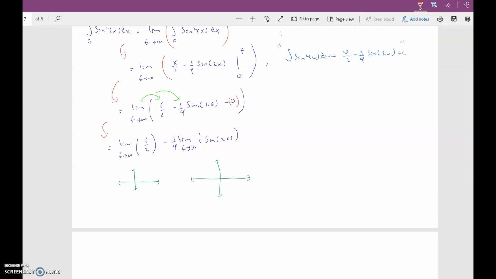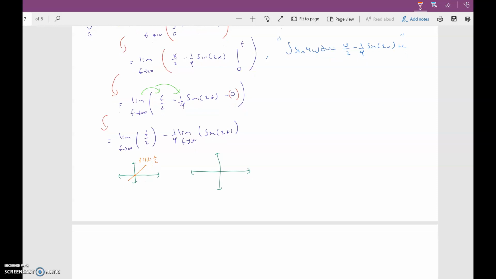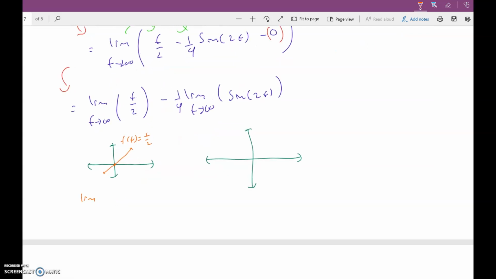For the first one, this is t over 2, just a line going in this direction. So f of t is equal to t over 2, and the limit as t approaches infinity of t over 2 is, in this case, positive infinity, since it becomes unbounded.